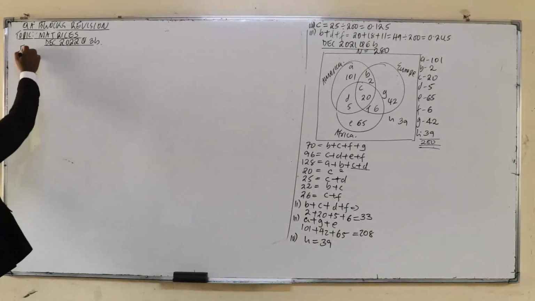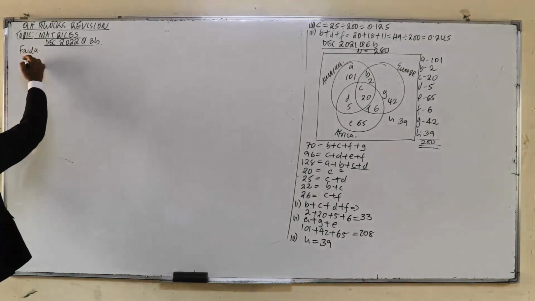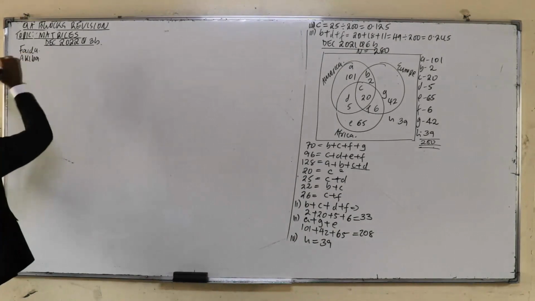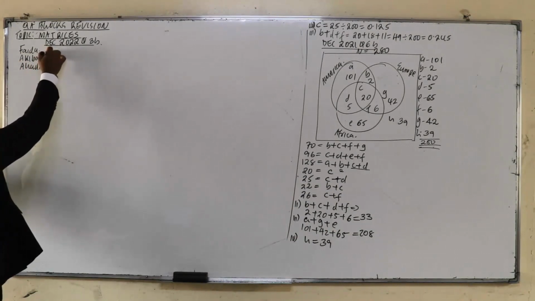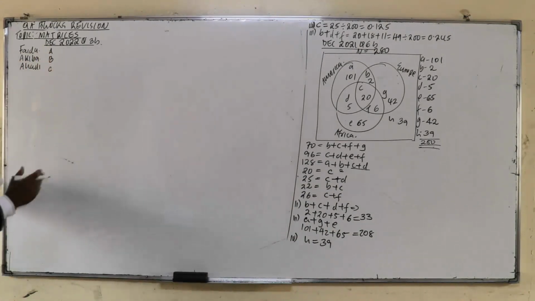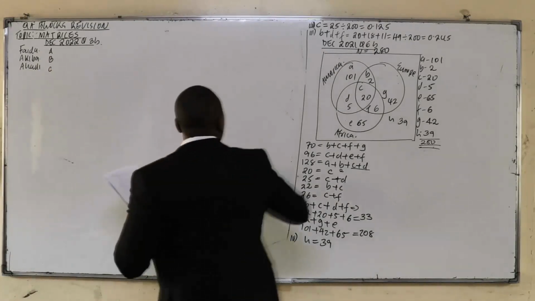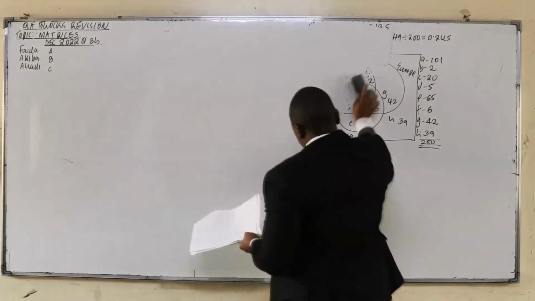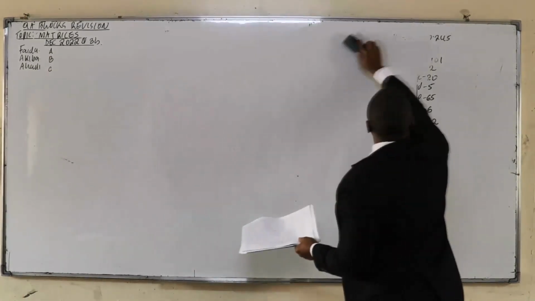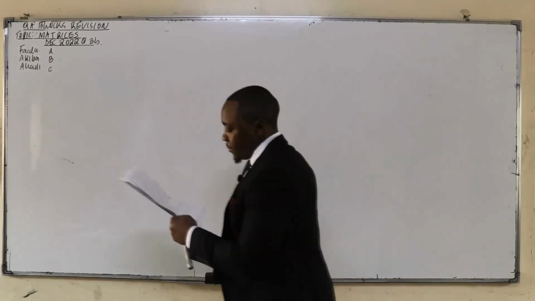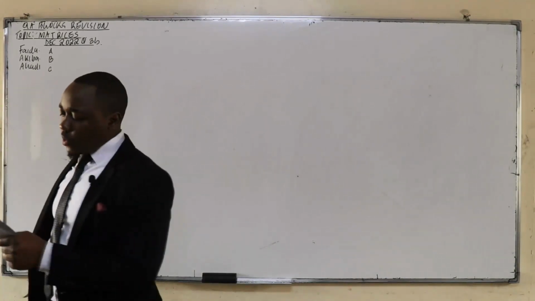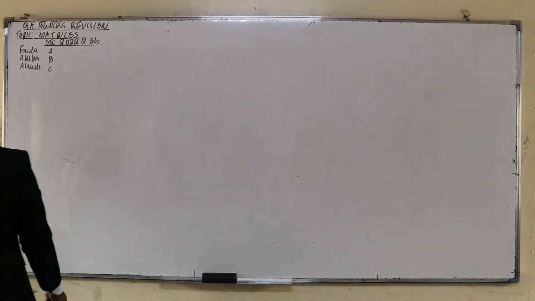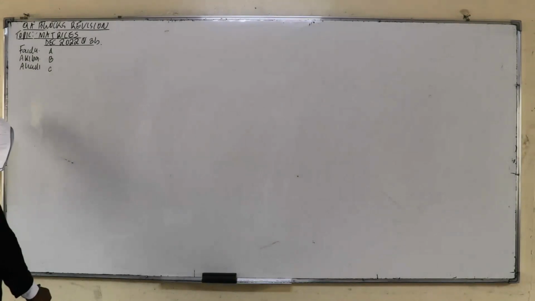Faida, we have Akiba and Ahadi. This one can be A, B, C, or X, Y, Z. Then you're told that as at 1st of December 2020, Faida Bank controlled 30% of the market share, Akiba controlled 50% of the market share, and Ahadi Bank controlled 20% of the market share.